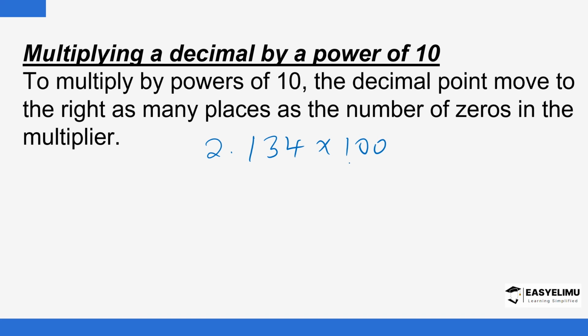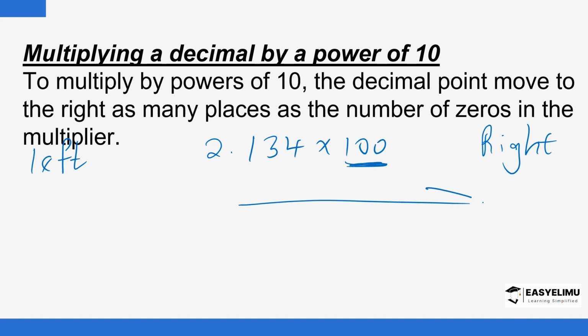Remember we're talking about the number of zeros in the multiplier. The multiplier is 100, so the number of zeros in this multiplier is 2. So the decimal point should move to the right. This is right and this is left. As many places means how many steps?